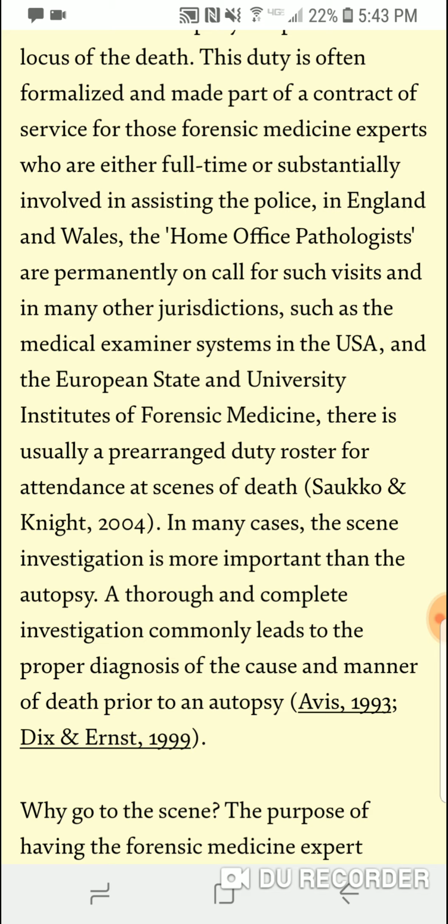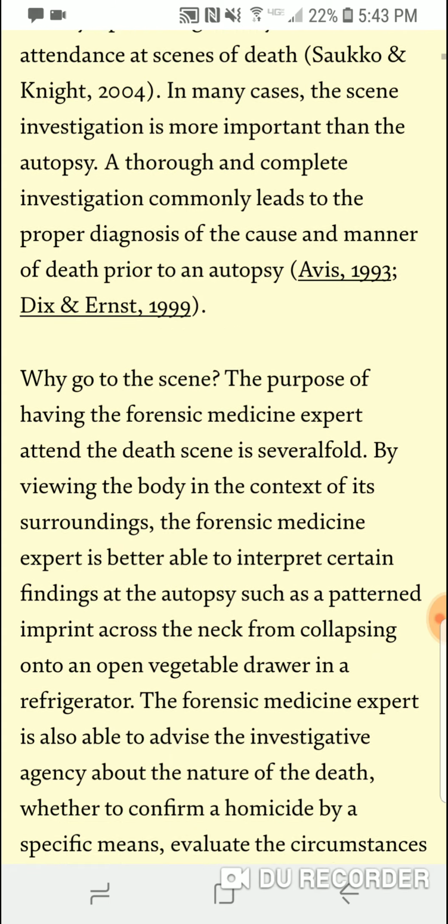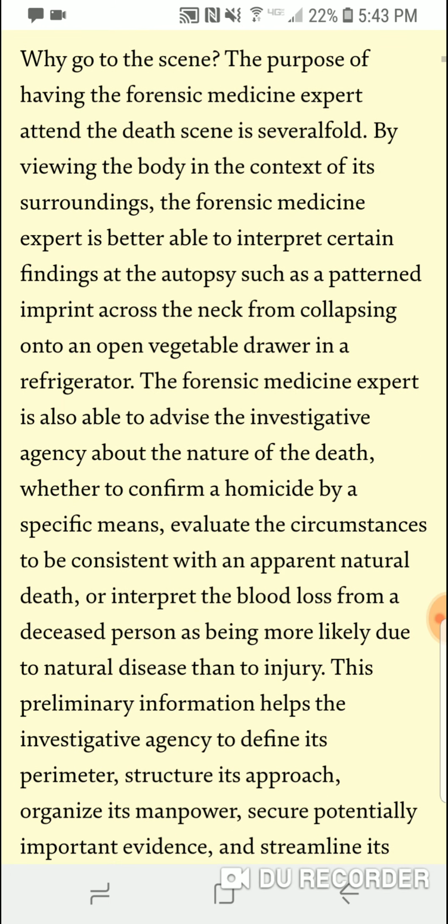In many cases, the scene investigation is more important than the autopsy. A thorough and complete investigation commonly leads to the proper diagnosis of the cause and manner of death prior to an autopsy. And then it goes into why go to the scene. The purpose of having the forensic medicine expert attend the death scene is several-fold.